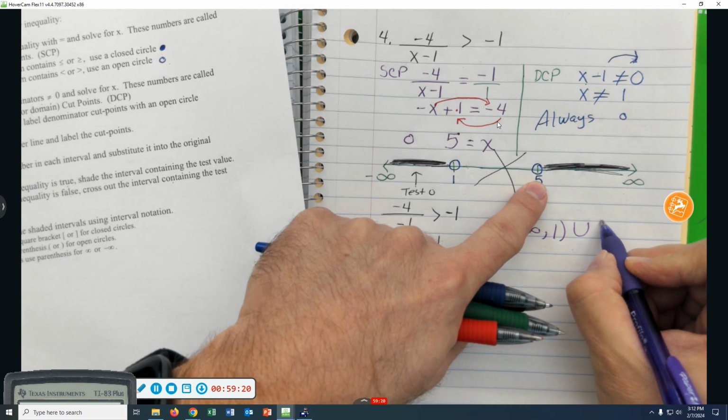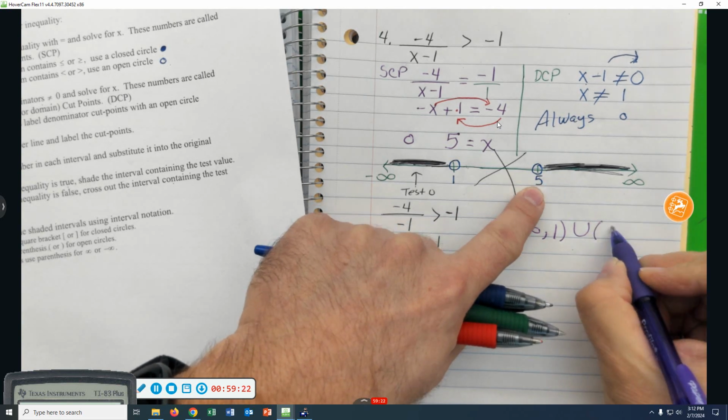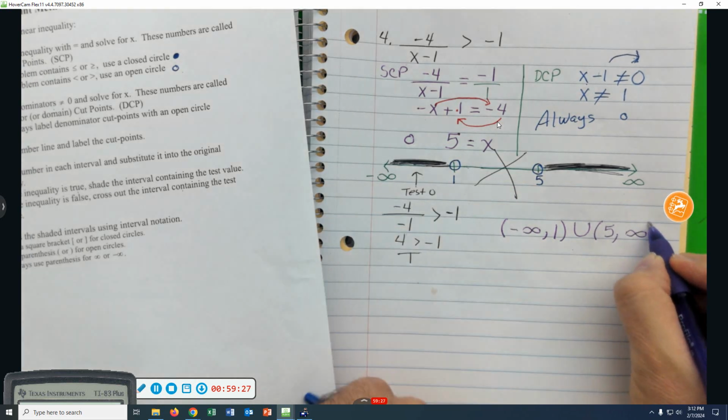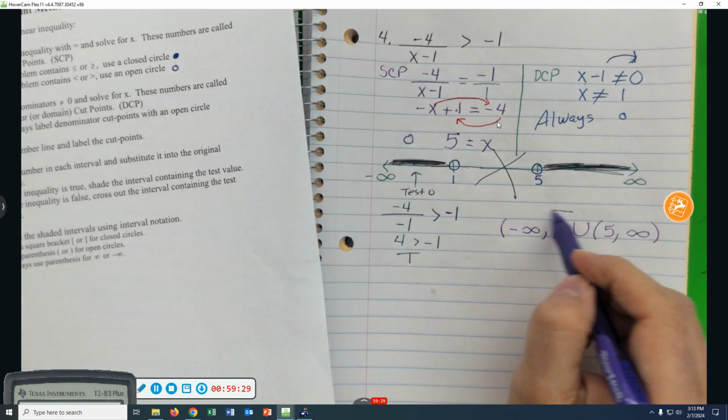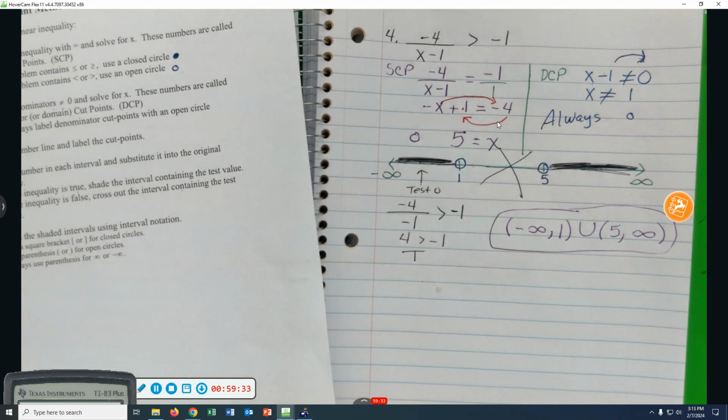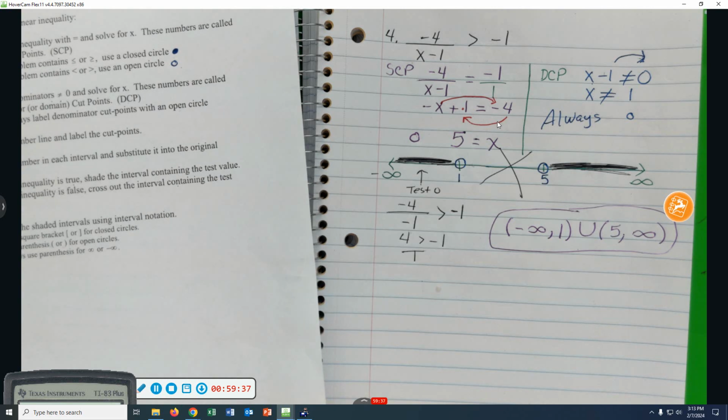What am I going to put there? Parentheses, 5, comma, infinity, parentheses. And if you don't like that, well, think about it. Just think about it.